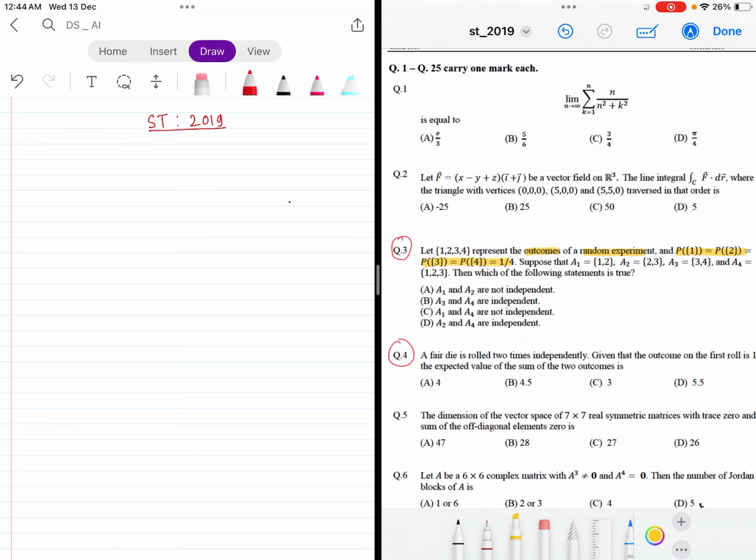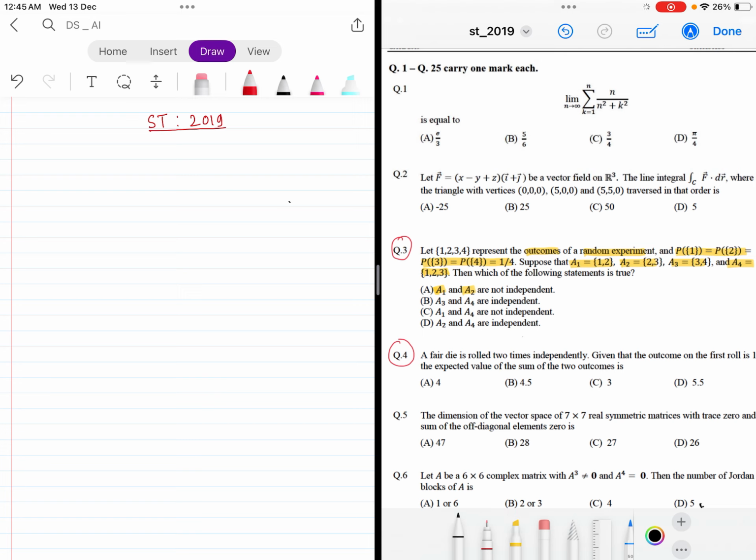Now we are given these subsets, or you can call them events, A1, A2, A3 and A4. We are asked which of the following statements is true. First of all, we have to look at which of the events are independent, so we will go through these options and check the independence condition, right?